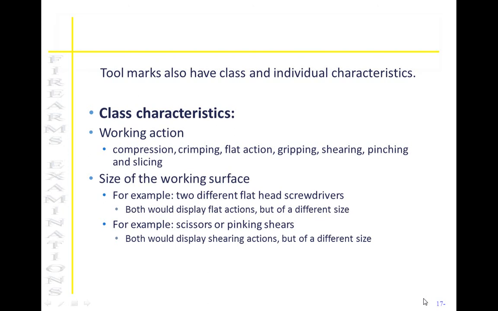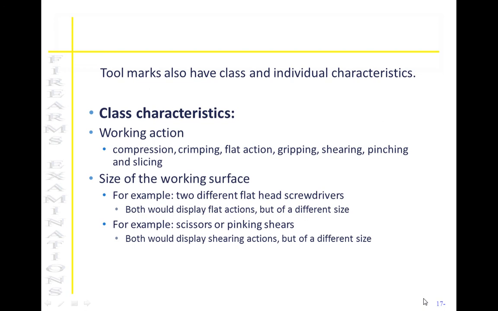Just like our firearms impressions, tool marks are also going to have class and individual characteristics. So the class characteristics that we think about when we're talking about tool marks are actually the working action itself. Whether or not it's a compression, it's a crimping, it's a shearing, or it's a slicing, for example. Also, another class characteristic is going to be the size of that working surface.